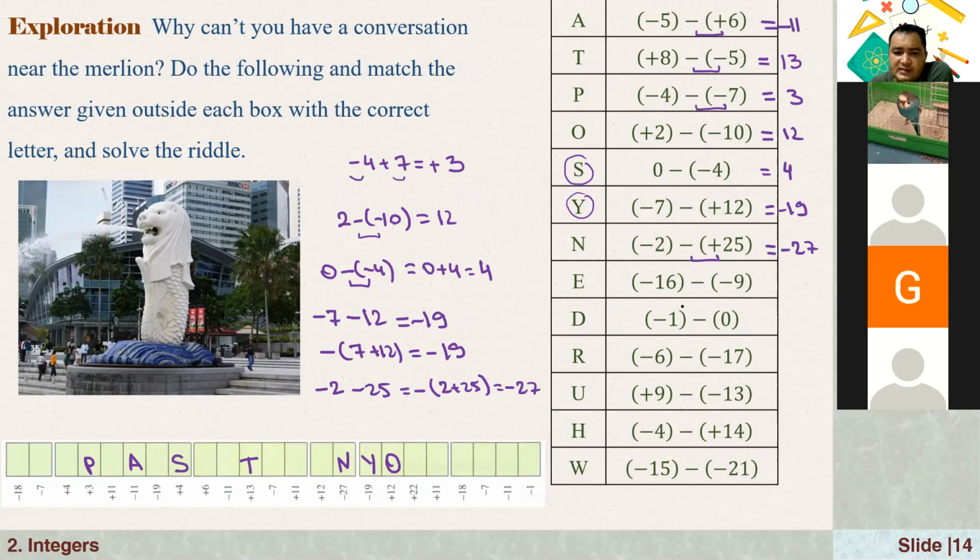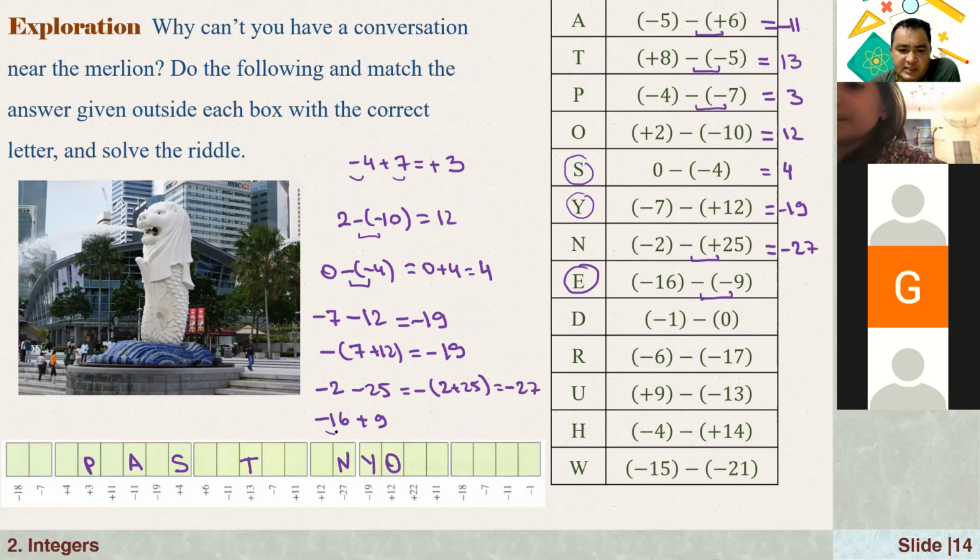All right. Next, minus 16 minus minus 9. Nazlı, can you do this question? So it is minus 16, right? And minus minus is plus, plus 9.